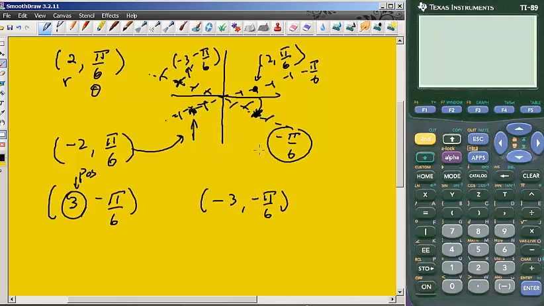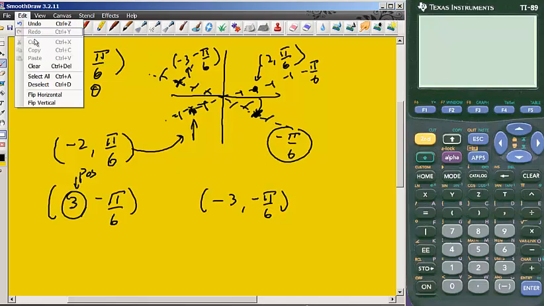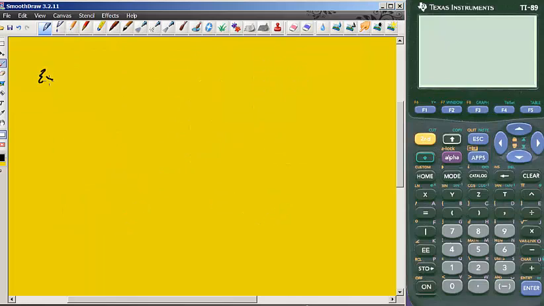Now, most of the time what they will do is give you a polar coordinate and ask you to convert it to rectangular form. So let's take an example. Let's say they give us 6 comma 2 pi over 3. 2 pi over 3 is my angle and 6 is my radius.